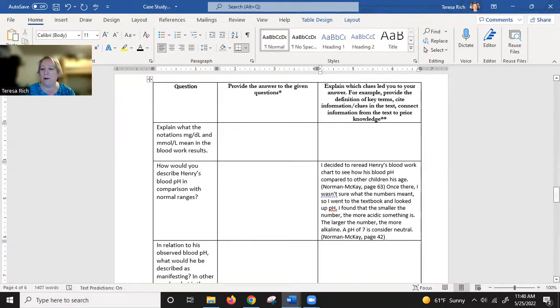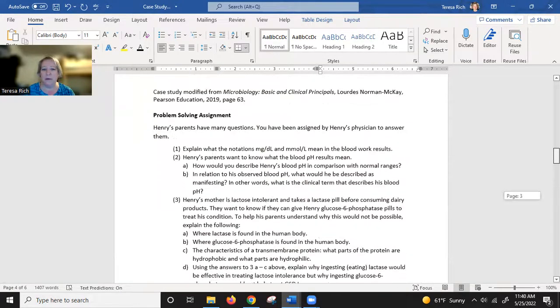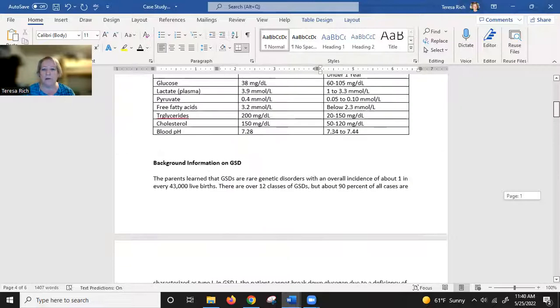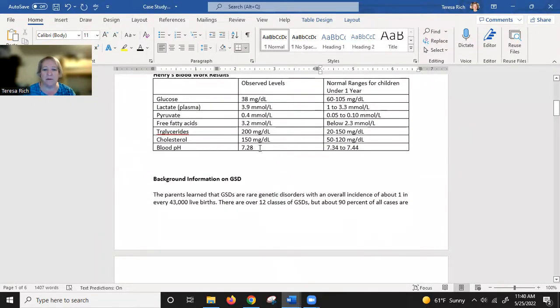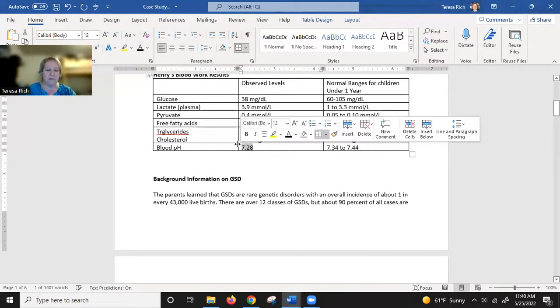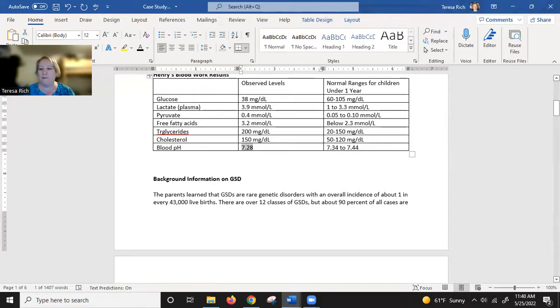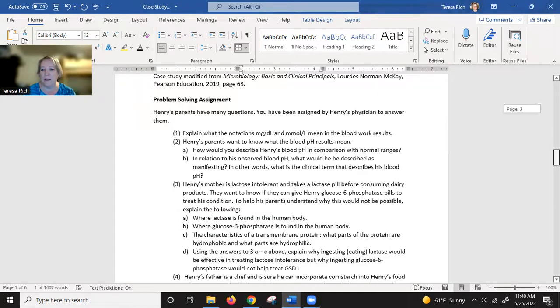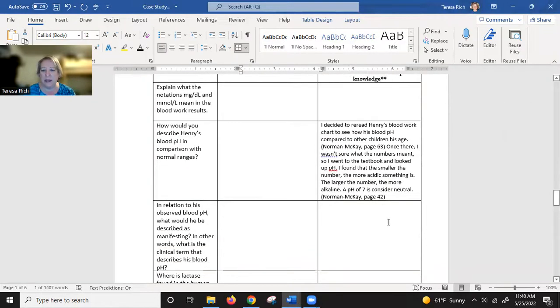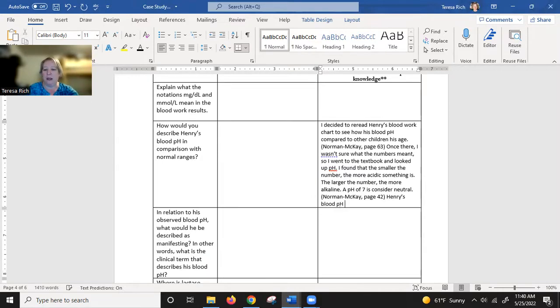Okay. So I'm going to go up here and I'm going to grab Henry's pH numbers. I'm going to copy that from his chart. And I'm going to come back down here to the table and put Henry's blood pH is, and I'm going to just paste that in there.